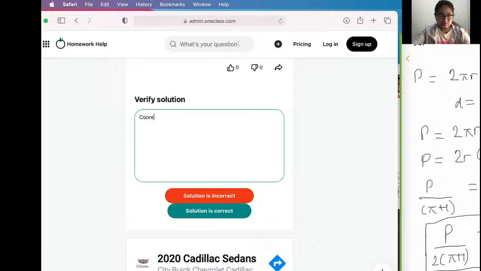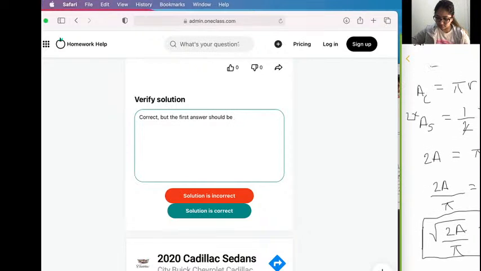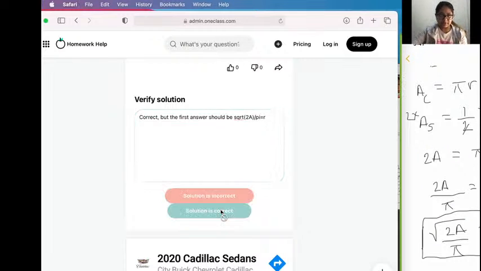So correct, but the first answer should be, I think it was, yeah, square root of 2a over pi, which equals r. Okay.